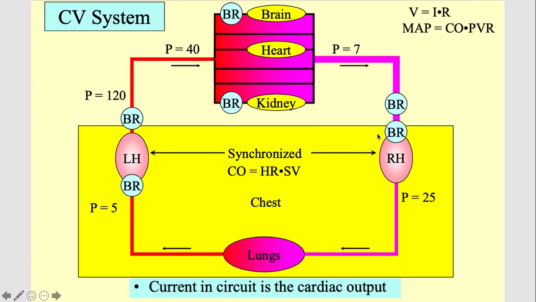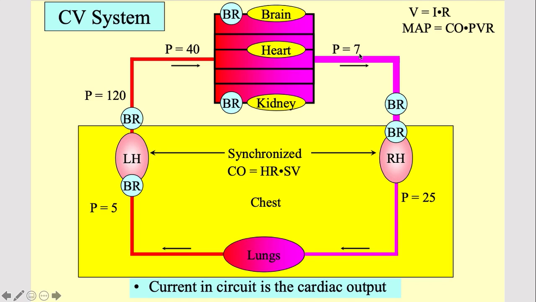If the right heart is pumping more than the left, then you will get a higher pressure here, so instead of 25, let's say it's 30 or whatever. More pressure here is going to lead to less pressure here, because it's going to use up more of the fluid, the venous reservoir, if you will, and decrease the pressure here. So instead of 7, let's say it's 3.